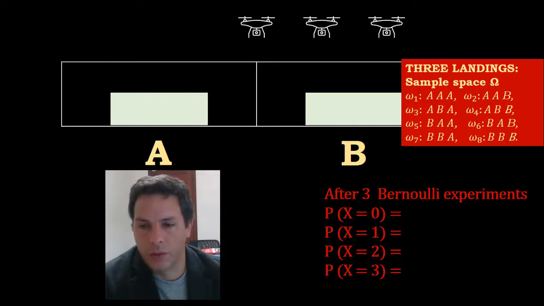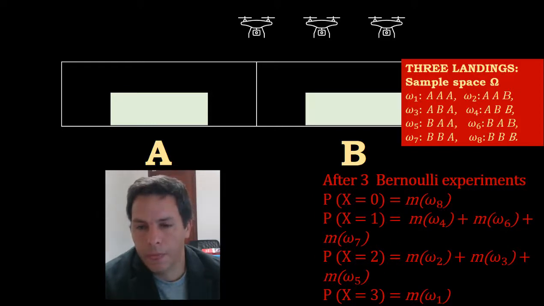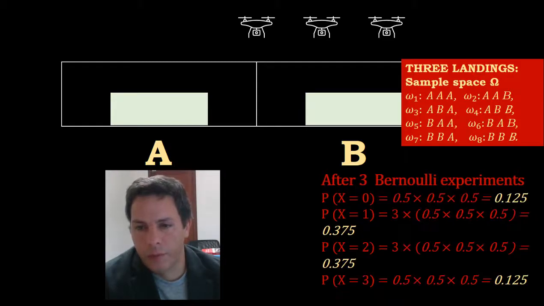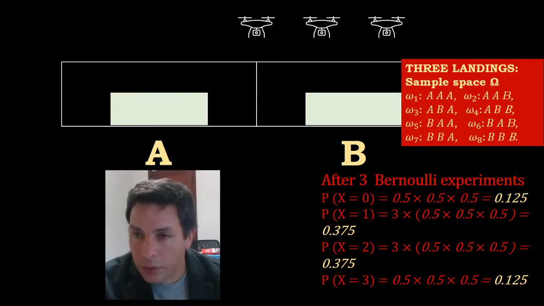So let's see the results here. So I will return to this slide. As I showed you, 0.5 times 0.5 times 0.5 is 0.125. Okay. So probability of x equals 1. That means only 1 landing in area A after 3. So we have 3 outcomes of this sample space that belong to the event x equals 1.